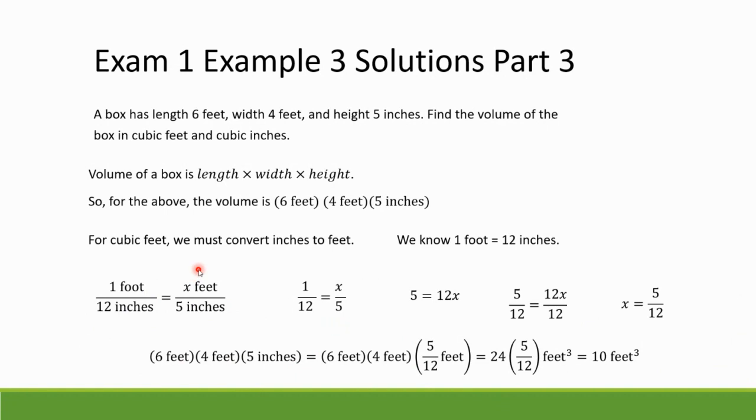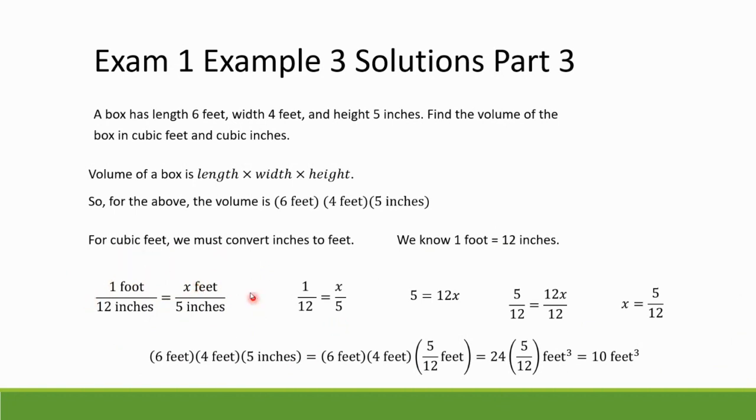Remember, another way I showed you was proportions, because for instance, we know 1 foot equals 12 inches. So I'm going to let x be the unknown. We have x feet over 5 inches, right? So we make a proportion like so. And we can use this to figure out how many feet 5 inches is. x is how many feet 5 inches equals.